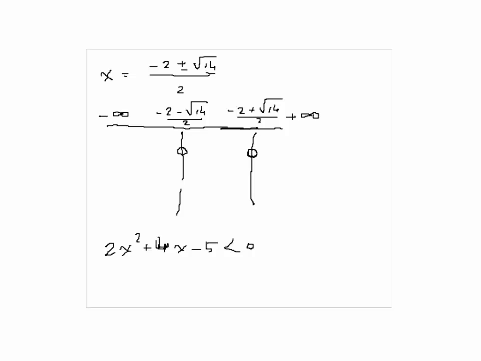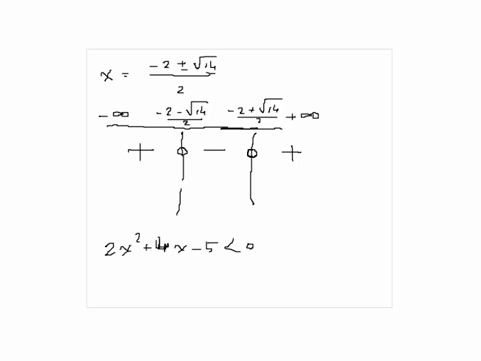So the sign of 2x squared plus 4x minus 5 on this side is positive. It changes to 0 here, after that it changes to a negative sign, and after the next root it changes to a positive sign. So between these two roots, the sign of that expression is negative.